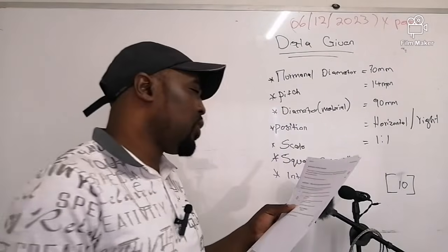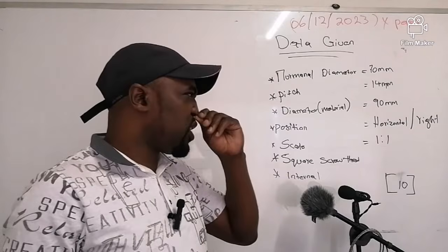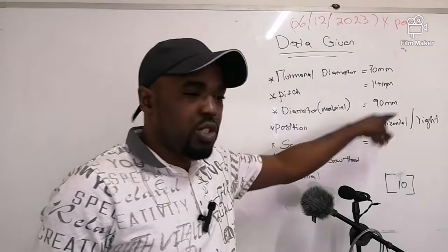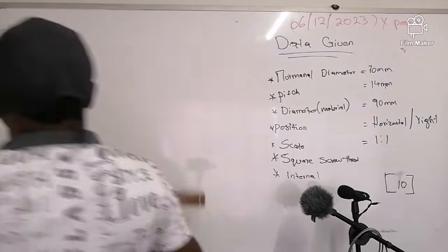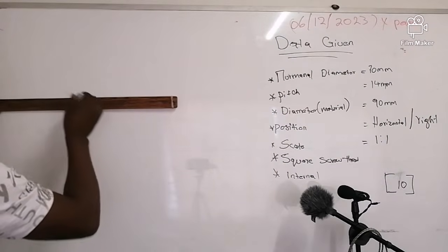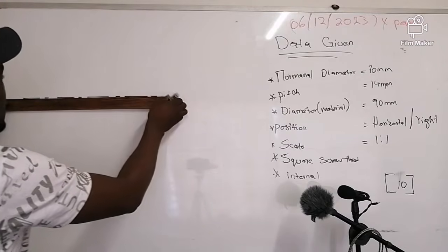Okay, so let's start. We are drawing an internal square screw thread, horizontal. So start with your horizontal line.